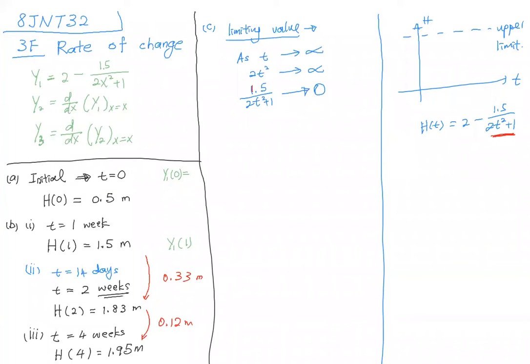What makes you not know that this whole thing will approach 0? When 2t squared plus 1 goes to infinity, 1.5 divided by 2t squared plus 1 will approach 0.